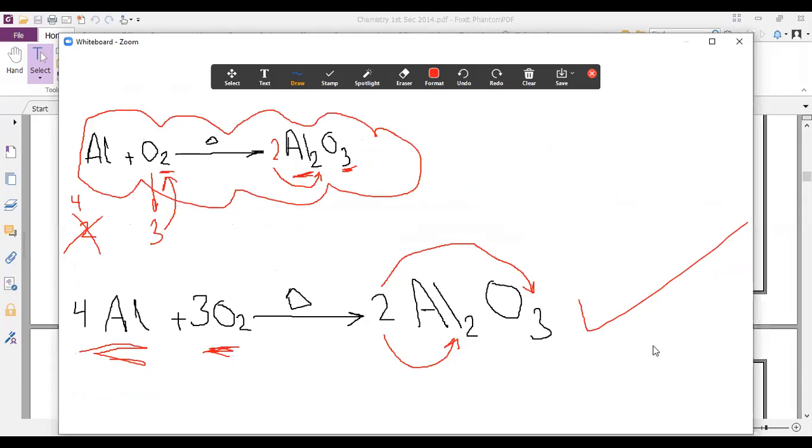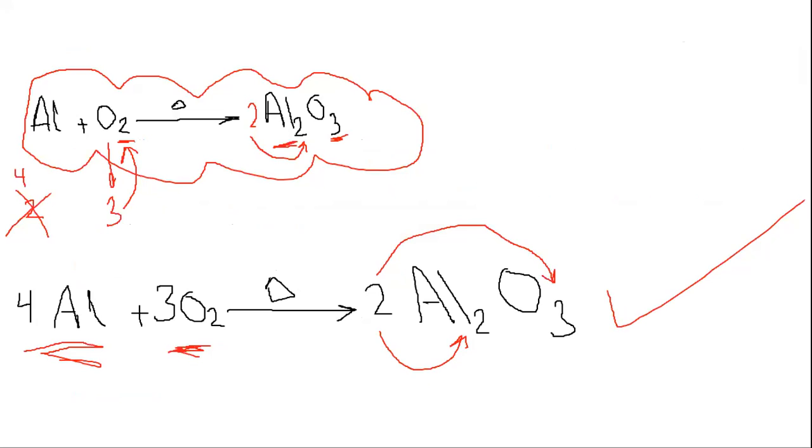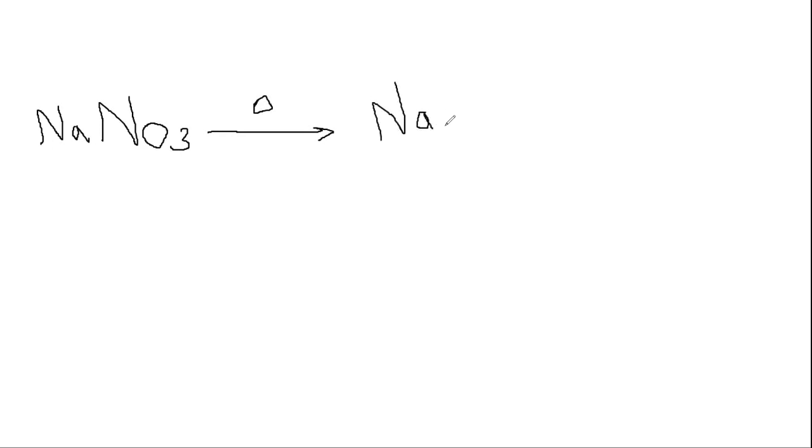As NaNO3, arrow by heat, produce NaNO2 plus O2.